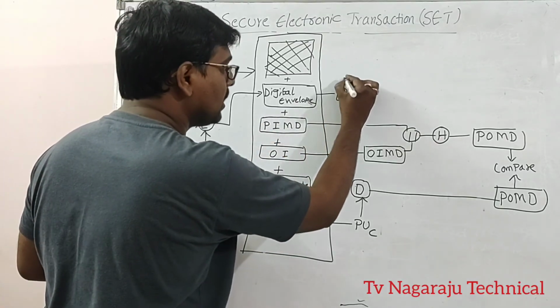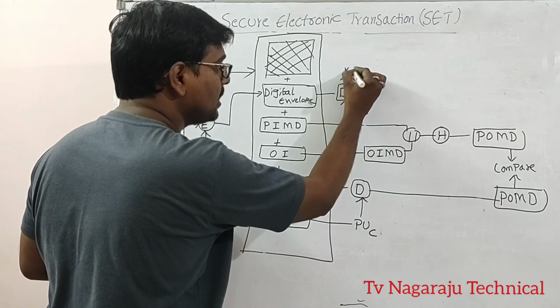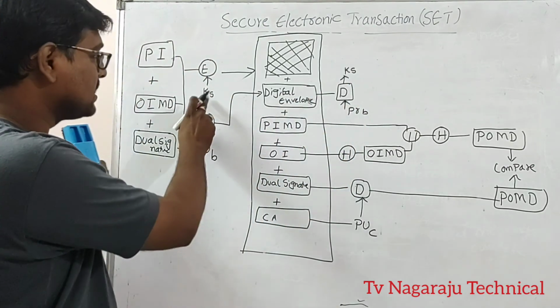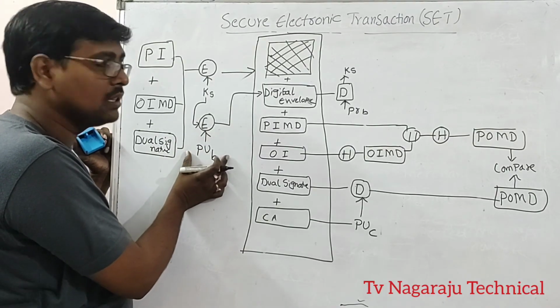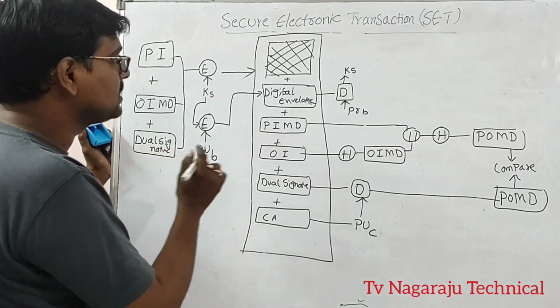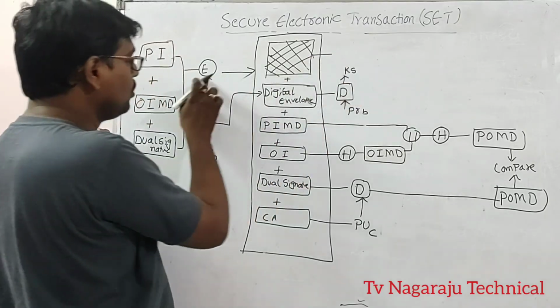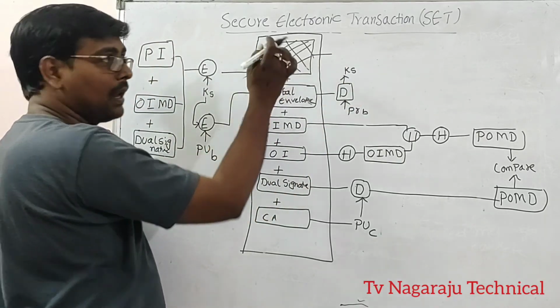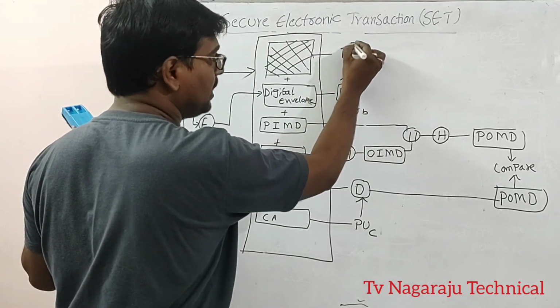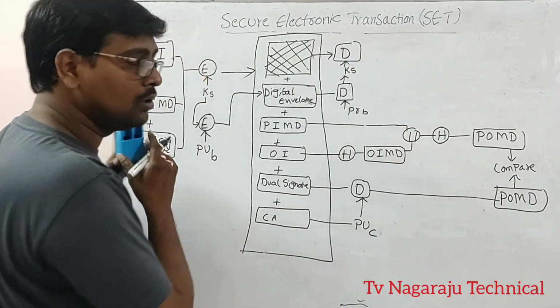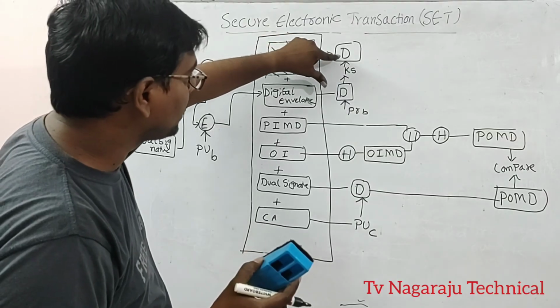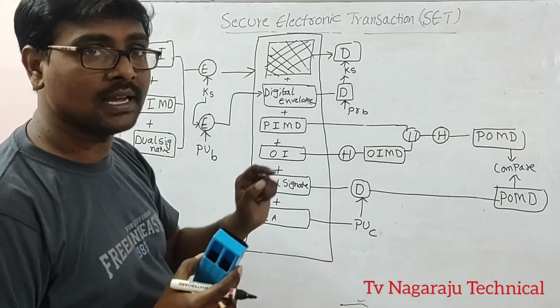Once it is decrypted, what does it generate? It generates KS. Yes or no? For generation of KS, I am using this one. Once KS is generated, by using this KS, apply decryption. This message is decrypted by using KS.